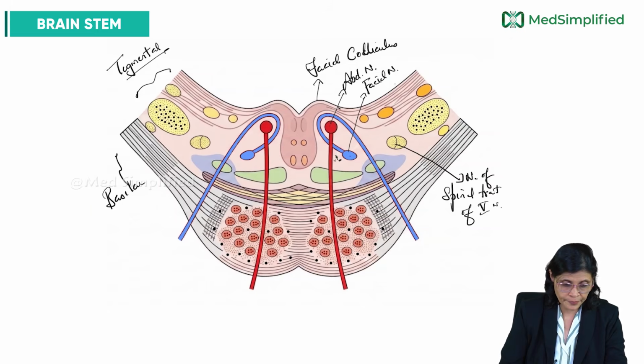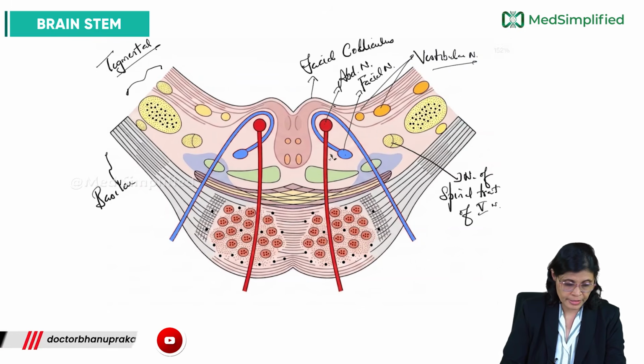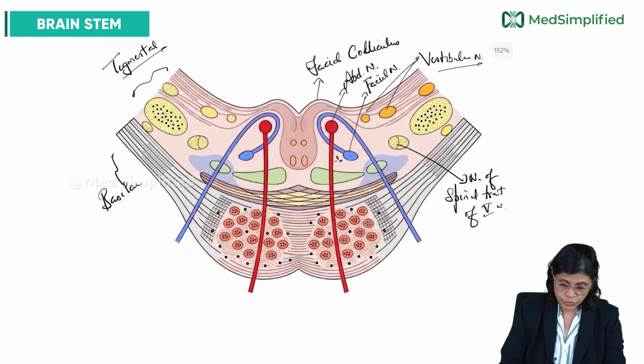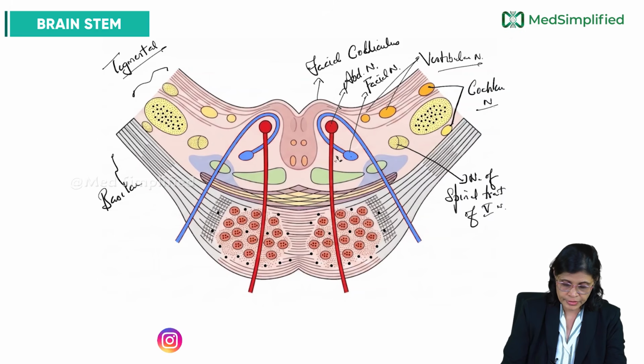These are the vestibular nuclei here, present in the vestibular area of the fourth ventricle, which I showed you earlier. And then we have the cochlear nucleus. These are the dorsal and ventral cochlear nuclei, which are concerned with hearing, while these are concerned with balance. Then the spinal nucleus, already told you.